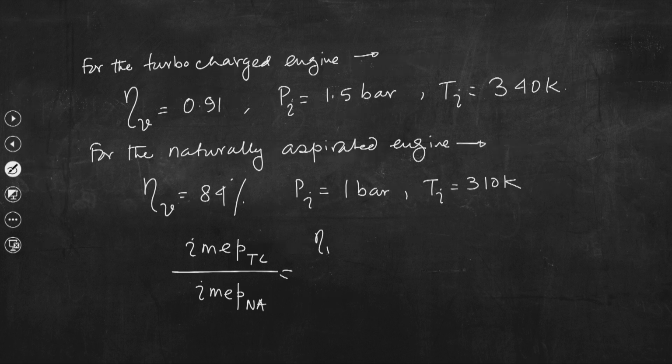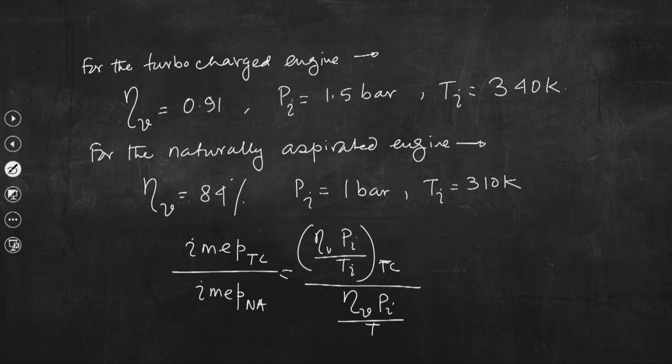So, eta V Pi by Ti for the turbocharged engine divided by eta V Pi by Ti for the naturally aspirated engine. So, this is nothing but the mass flow rate. Okay.